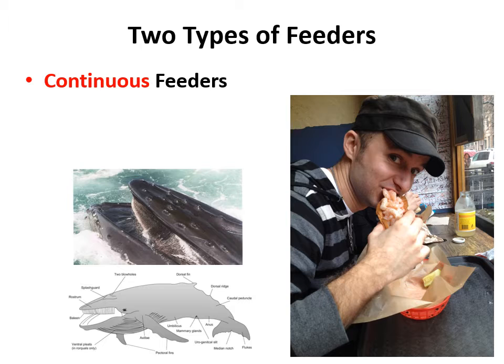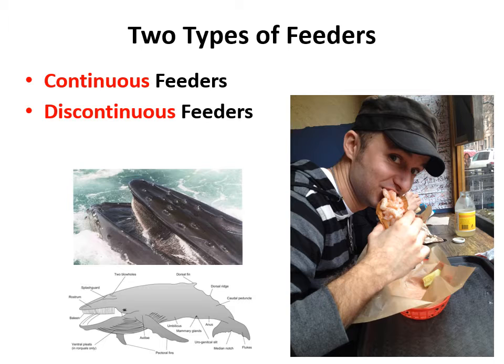The big point here is that these organisms, continuous feeders, do not need a food storage area, okay? And what is a food storage area? Your stomach, okay? So continuous feeders constantly have food particles flowing through their body, so no need for food storage. Whereas discontinuous feeders, they will selectively eat. That means that they need a food storage area, meaning they need a stomach.